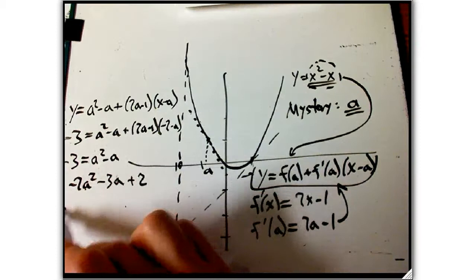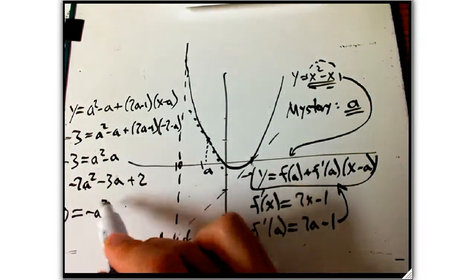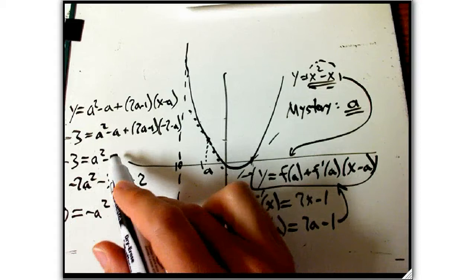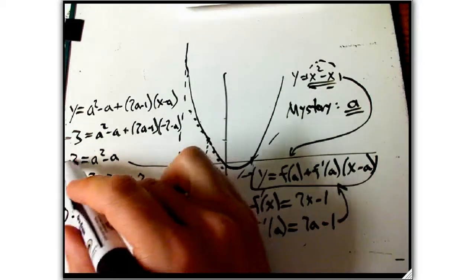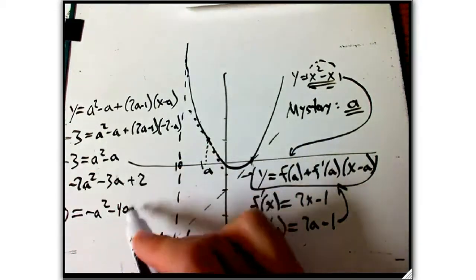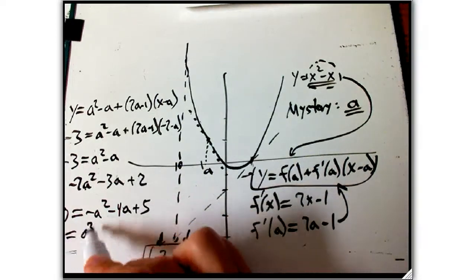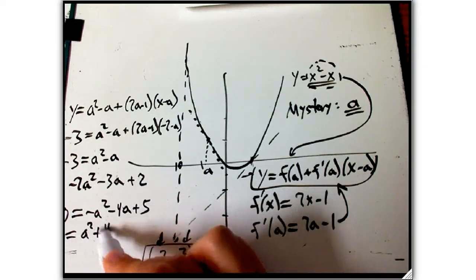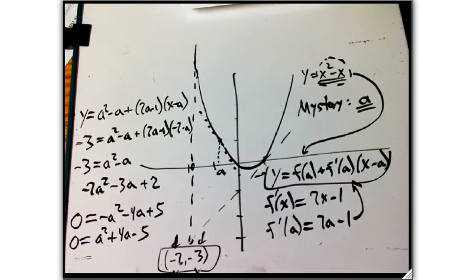I'm going to put everything over on one side. So 0 is going to be minus a squared from this, and then minus 4a, and then I'm adding 3 to both sides, so plus 5. And I hate having minus in front of my leading term. There we go. You can't see that 0, can you? There we go. I can move the camera.